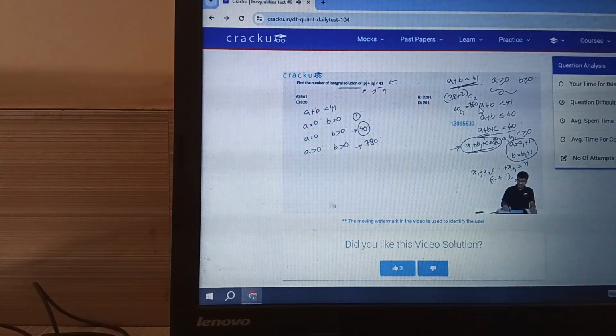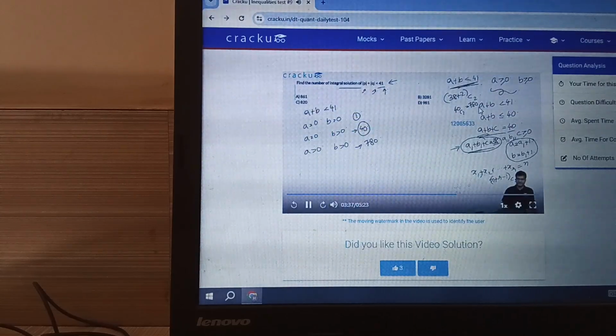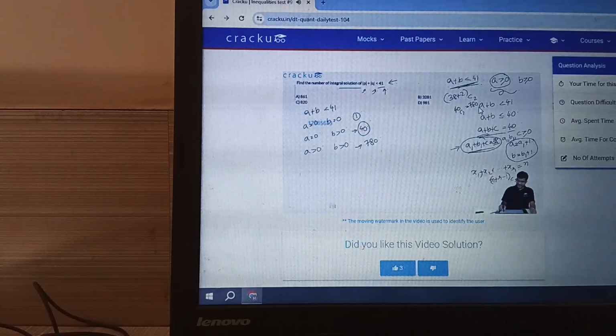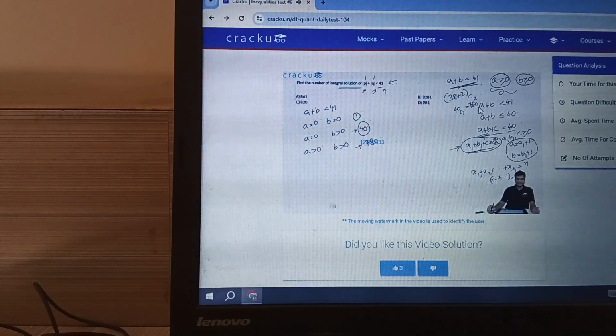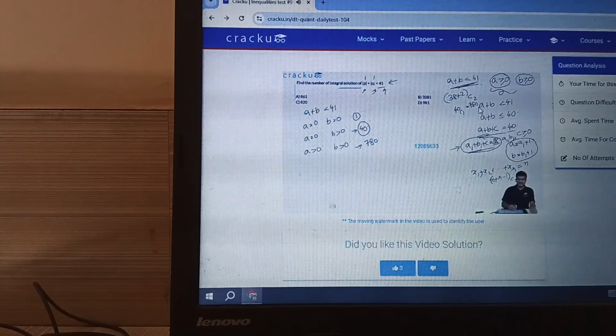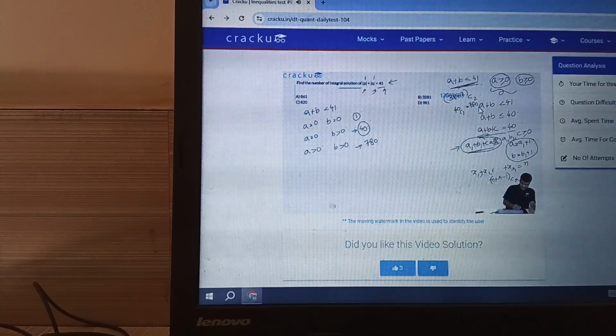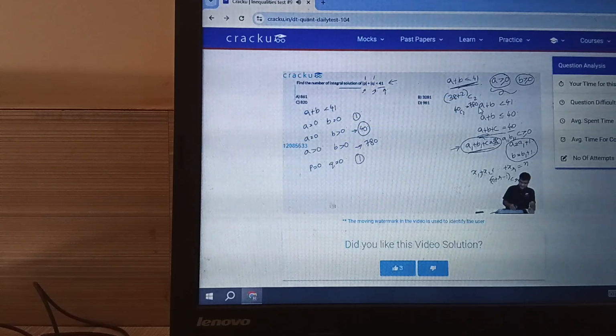This is for the simple inequality that we assumed, that is a plus b less than 41 with both a and b greater than or equal to 0. But the given equation doesn't say that p and q are greater than or equal to 0. P can be less than 0, 0, or greater than 0. But whatever we have found here, we'll transform using symmetry. The number of solutions where p is equal to 0 and q is equal to 0 remains the same, one solution.